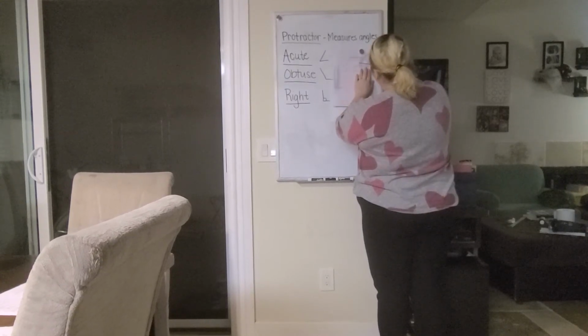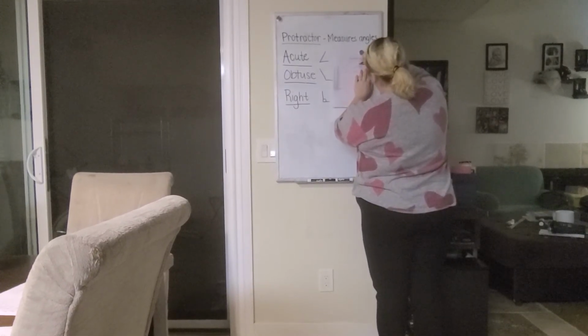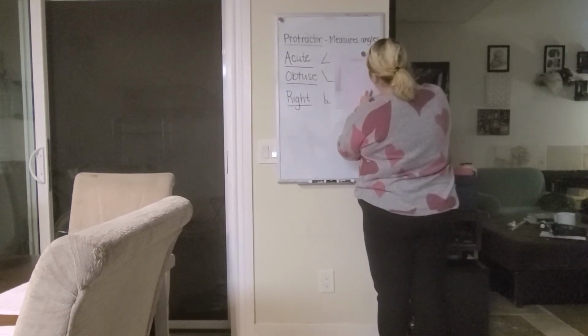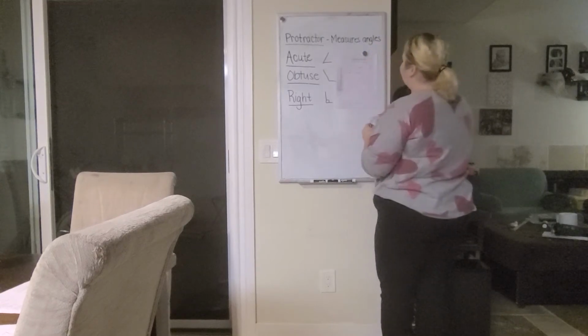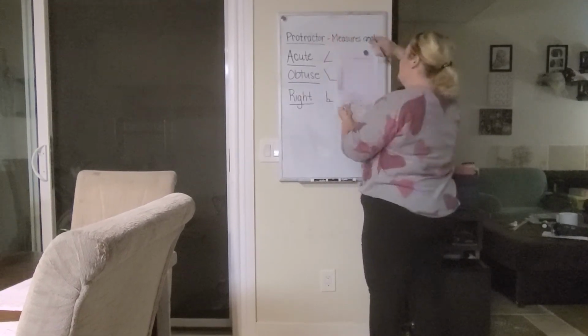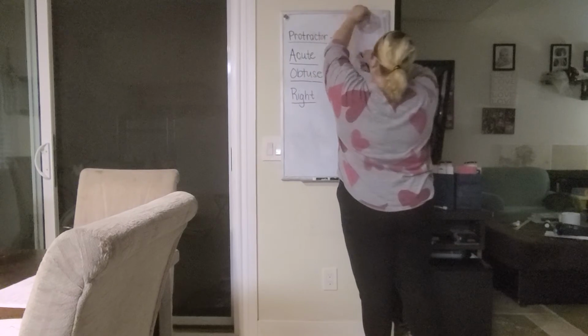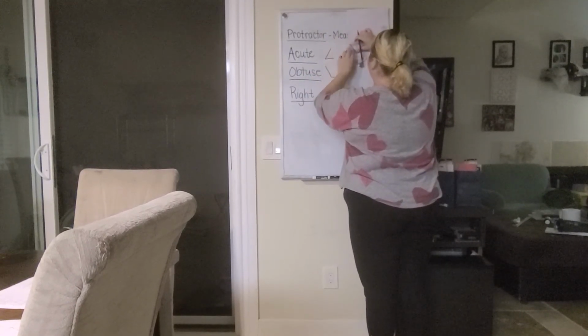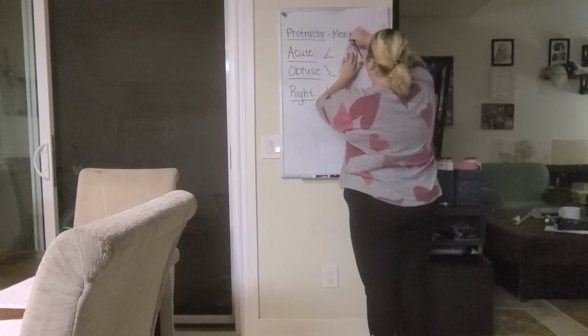All right, measure it. This one is also less than 90 degrees. Now everybody flip your paper upside down and measure your third and final angle of this triangle.